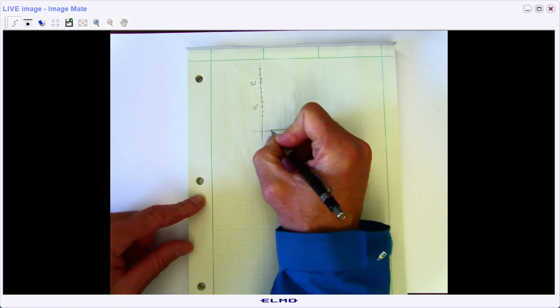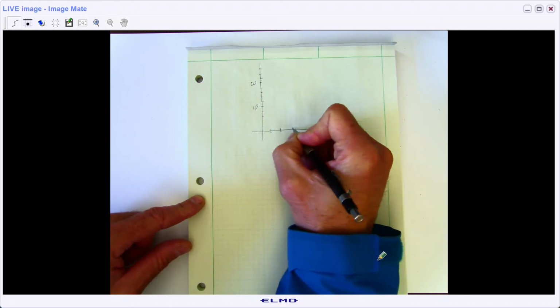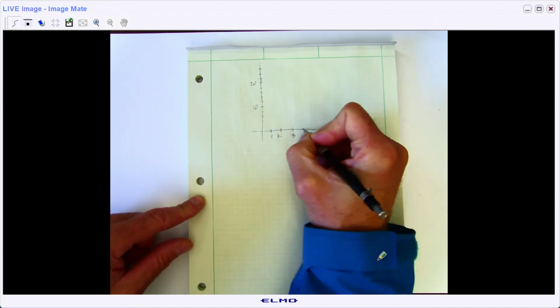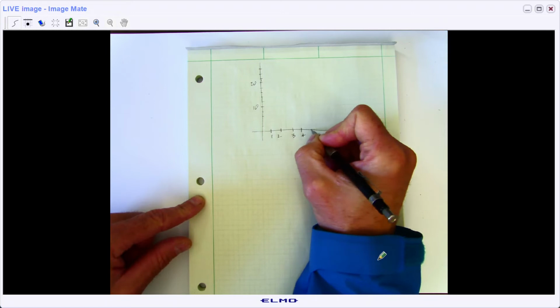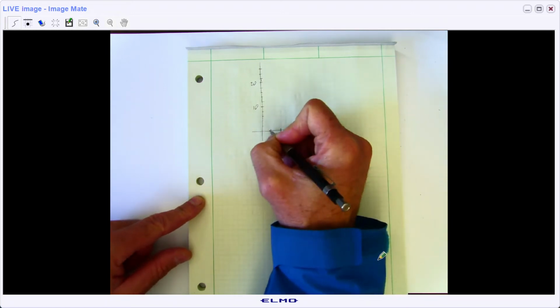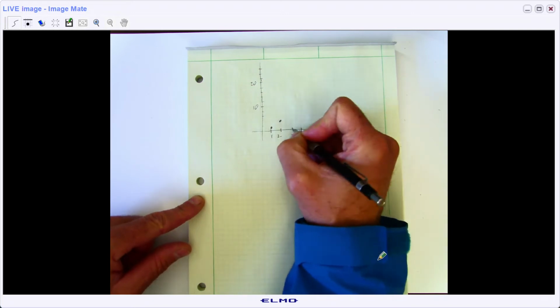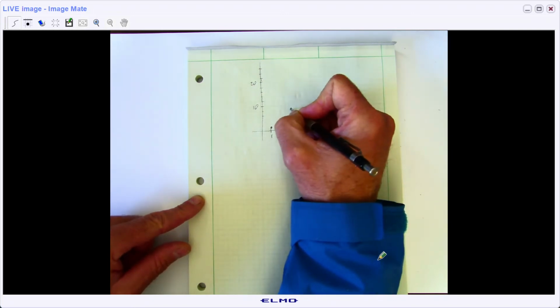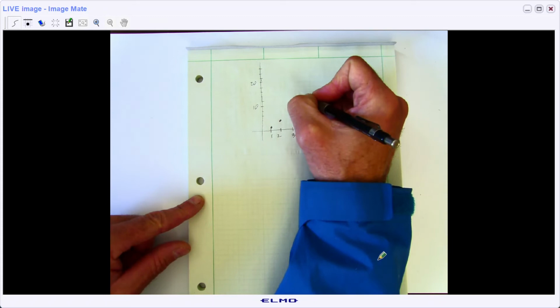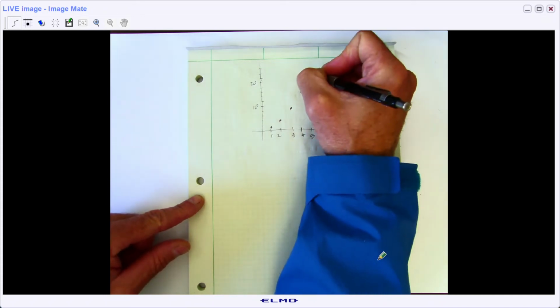I'll call this 1, this 2, this 3, this 4, and this 5. At 1 we're at 1, at 2 we're at 4, at 3 we're at 9, at 4 we're at 16, and at 5 we're at 25.